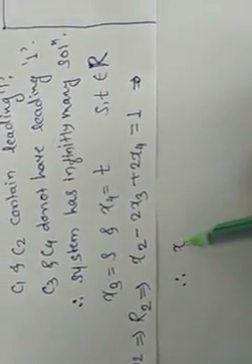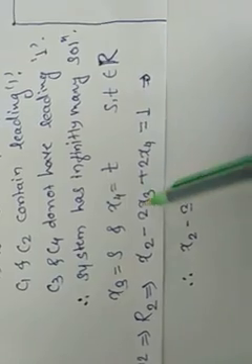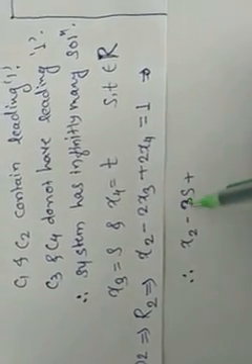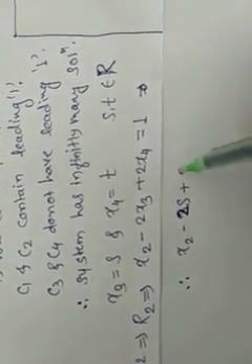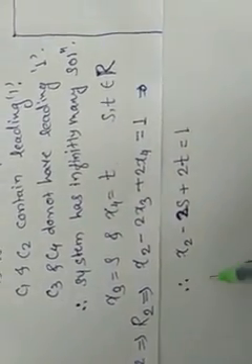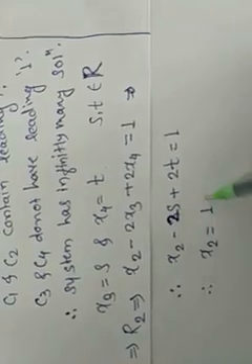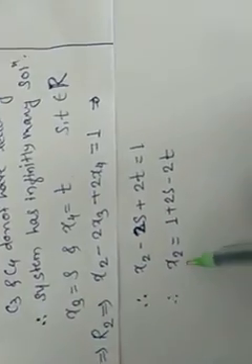So x2 minus 2s plus 2t, because for x4 we put t, is equal to 1. Therefore x2 is equal to, shifting toward the left, 1 plus 2s minus 2t. This is the value of x2.